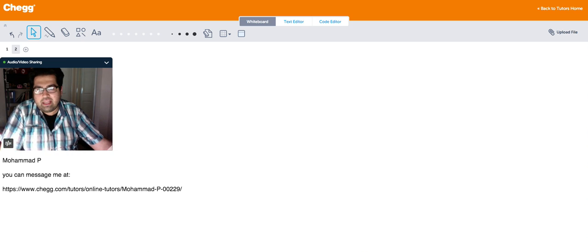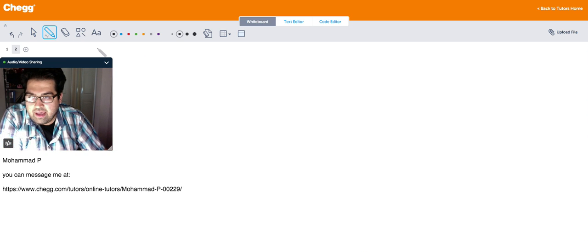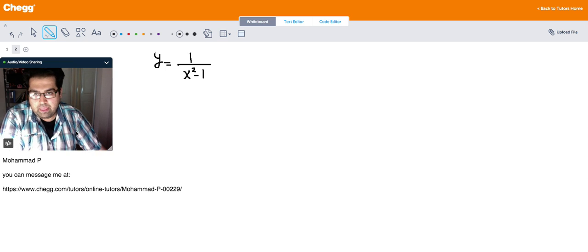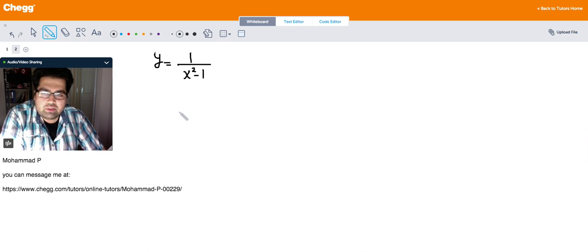Let's look at a problem here that I have. y equals 1 over x squared minus 1. In order to find the vertical asymptotes of a rational function, we are going to set the denominator equal to 0.